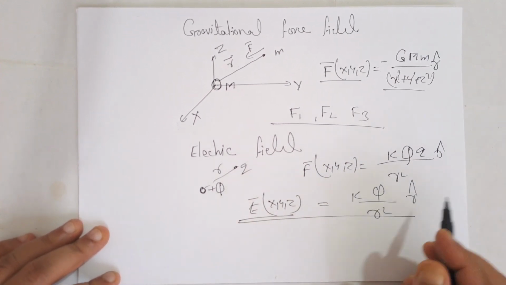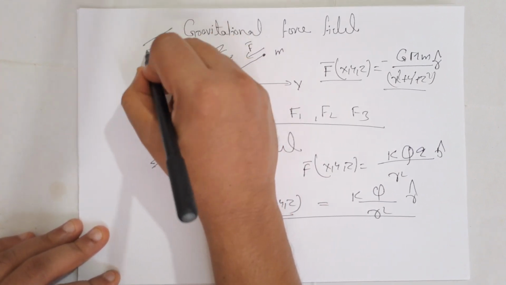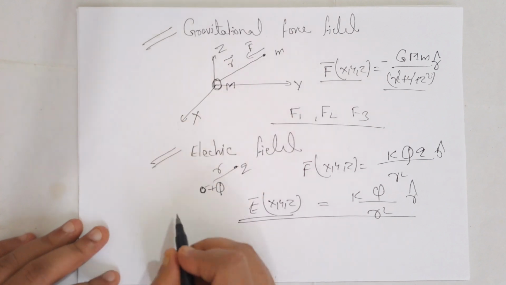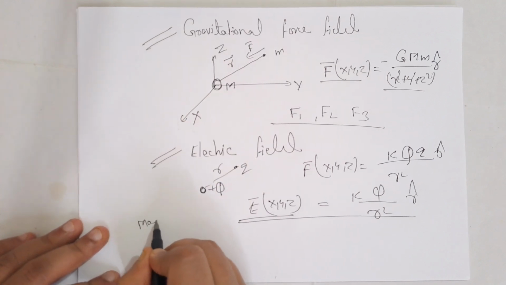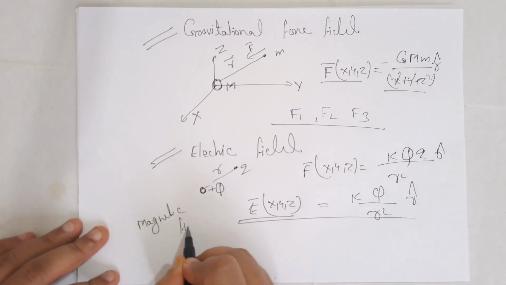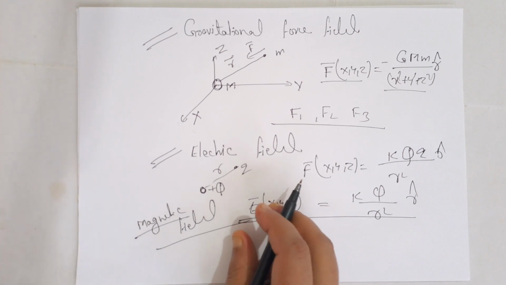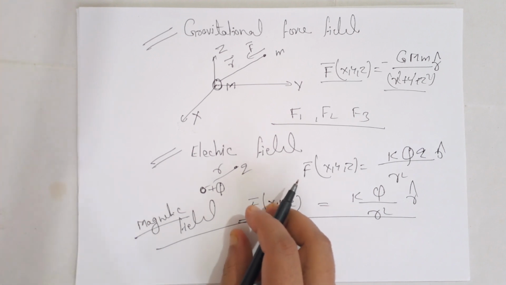This is the example of electric field. Electric field is a vector field. Gravitational force field is also a vector field, and another example of vector field is the magnetic field. Magnetic field is also a vector field.